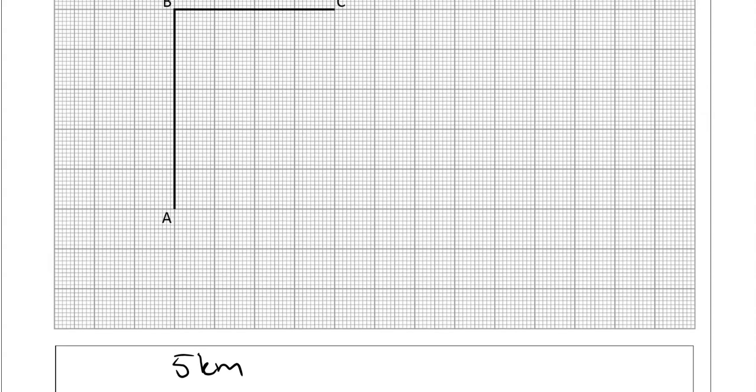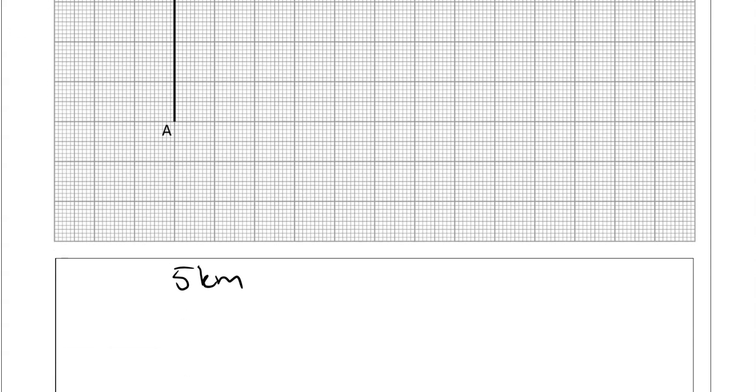So the distance he's going to be running is 5 kilometers. We know that the scale that's been used on the graph is 1 to 40,000. So this would be on the map or graph, and this would be in reality on the ground.